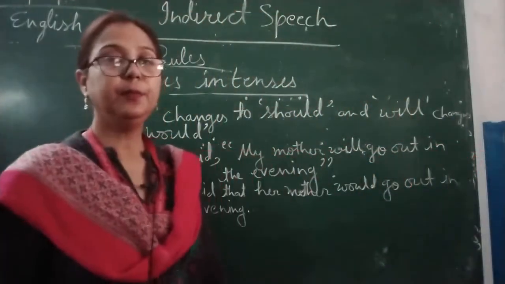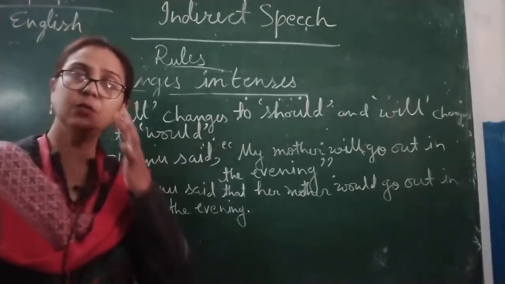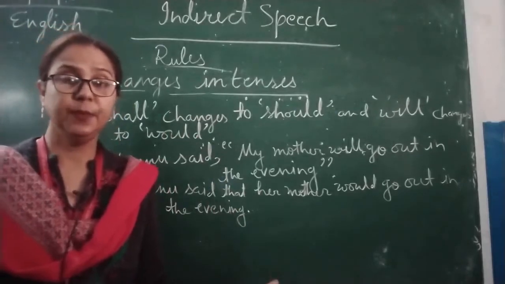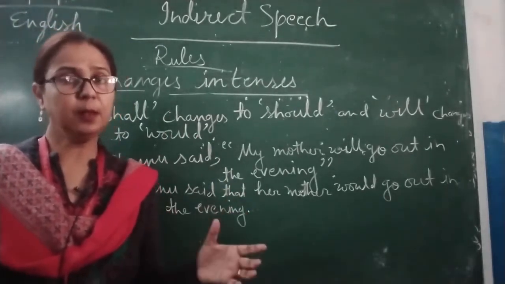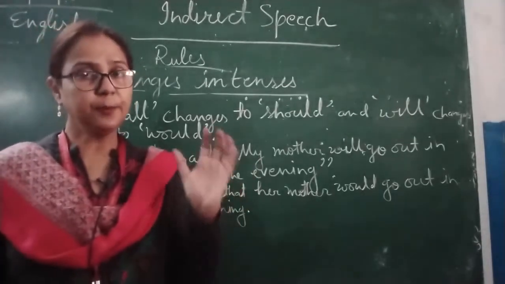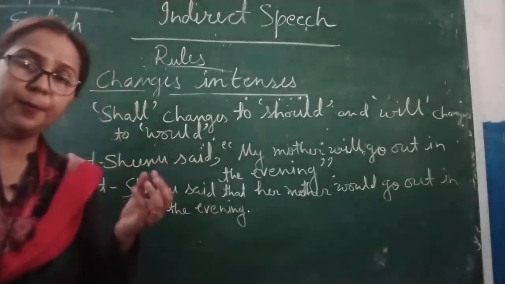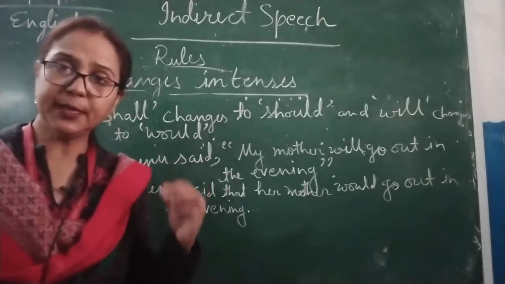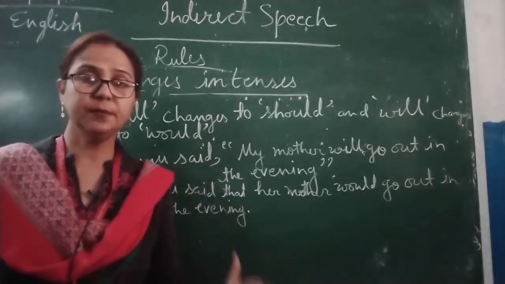So children, as we have learned many rules on how to change direct to indirect speech in tenses. First thing that we have learned, simple present tense becomes simple past tense. Simple past tense becomes past perfect tense. Present perfect tense becomes past perfect tense.